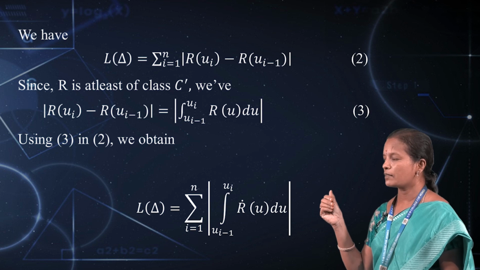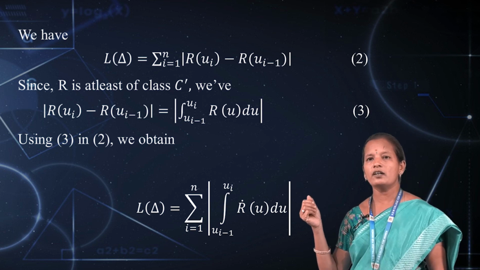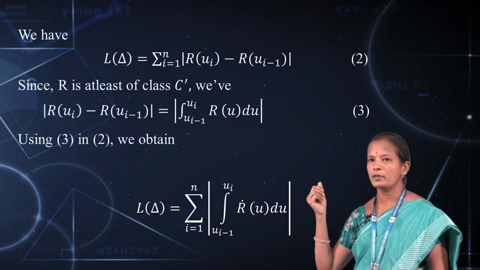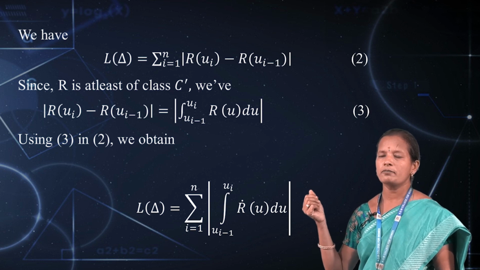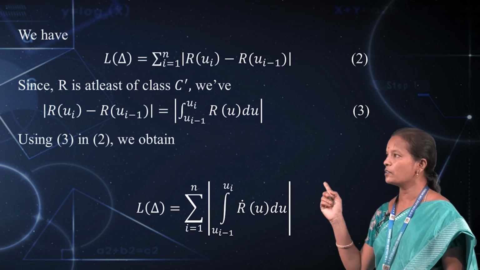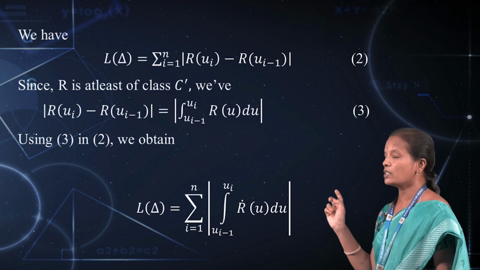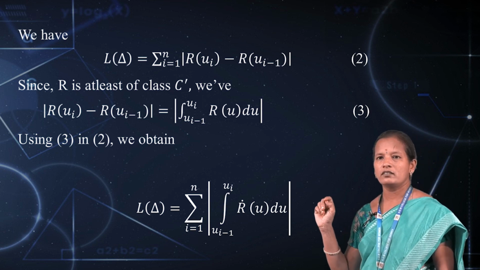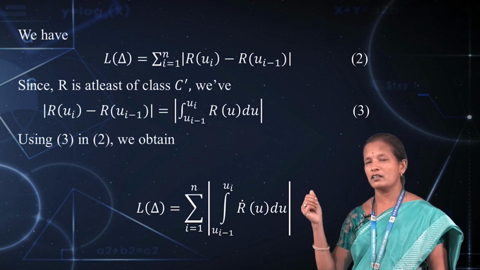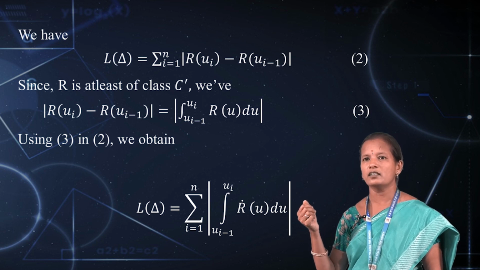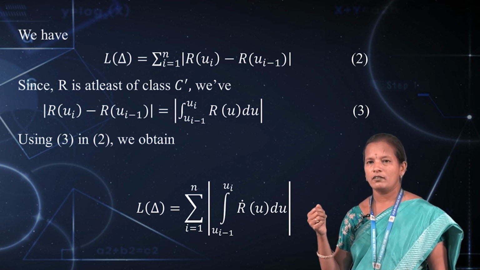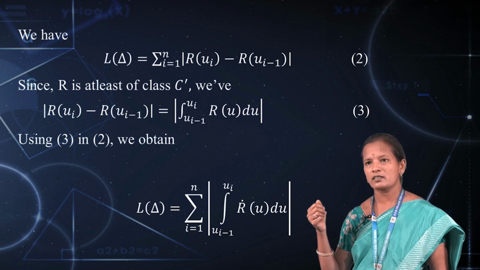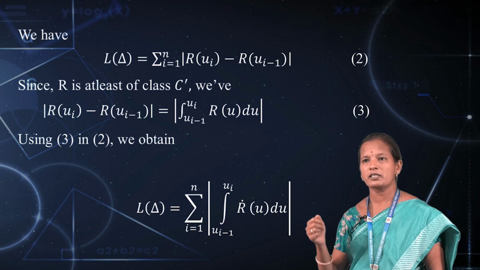Since r is at least of class C dash, we have modulus of r of ui minus r of ui minus 1 is equal to modulus of the integral over ui minus 1 to ui of r dot of u du. Taking L of delta as equation 2 and the difference r of ui minus r of ui minus 1 as equation 3.